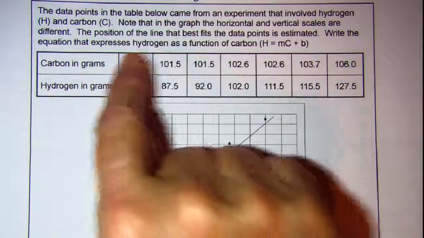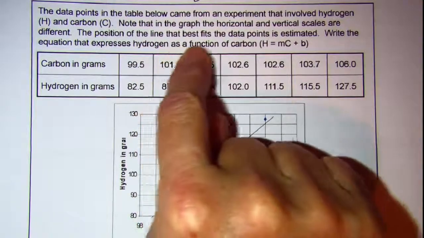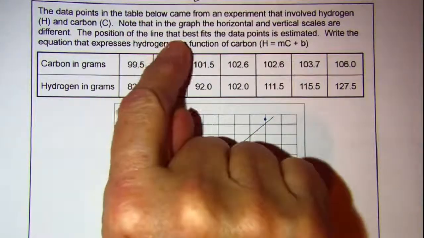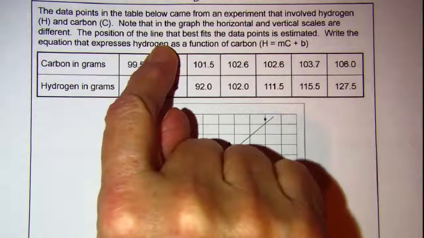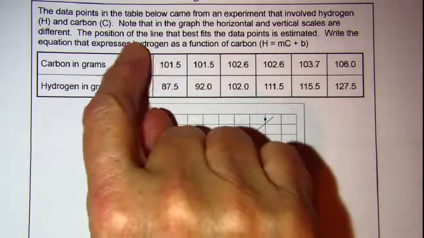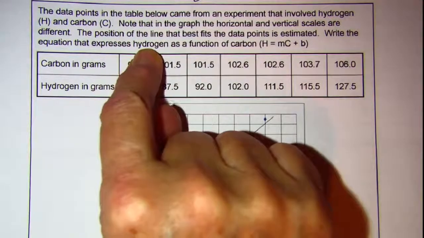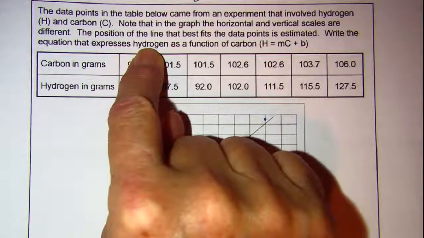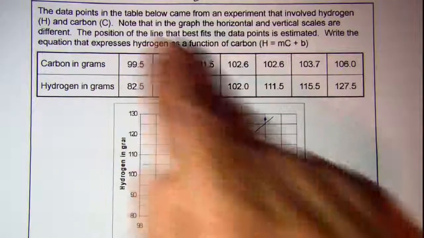Now, whenever you're asked to do this, hydrogen as a function of carbon, that means that hydrogen is taking the place of the y variable in the equation y equals mx plus b. So h is your dependent variable, or what would be y if we were dealing with x and y, and it would be your vertical axis.